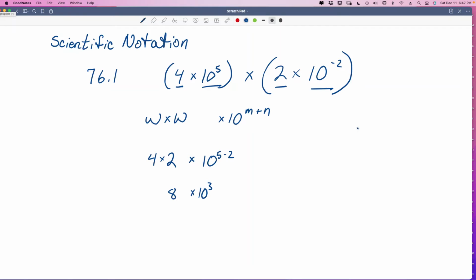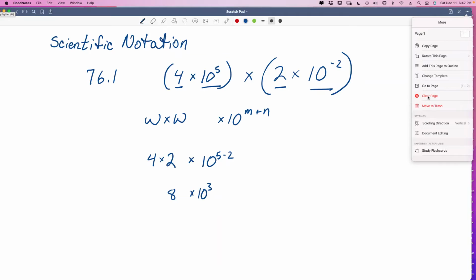You do these two parts first, then you do these two parts together. So let's do another one. Let's do 76.2. We have 3 times 10 to the 8th times 3 times 10 to the 3rd.